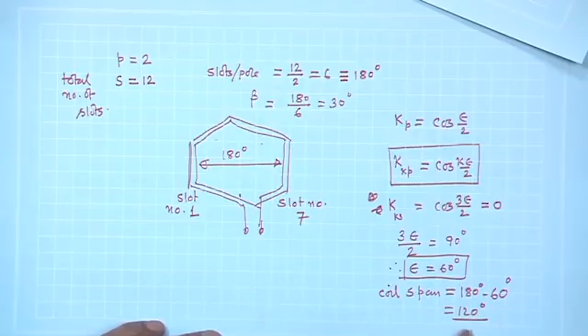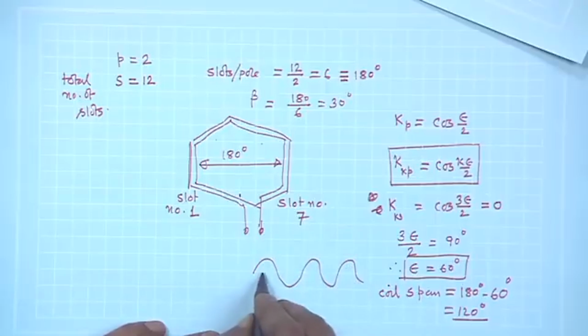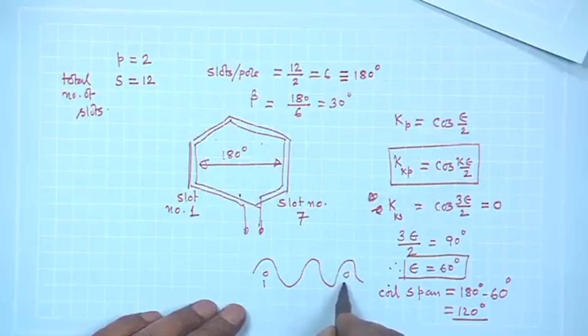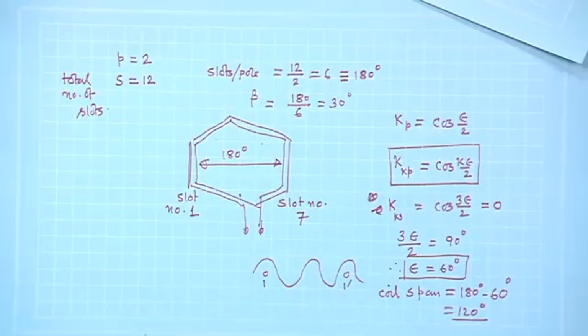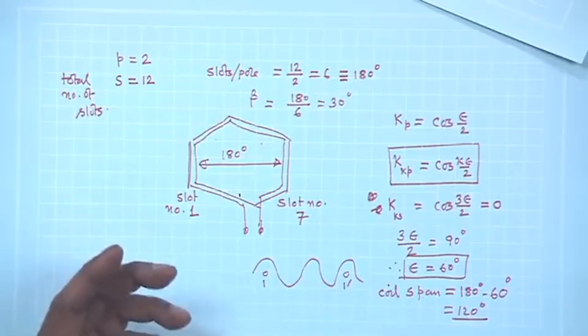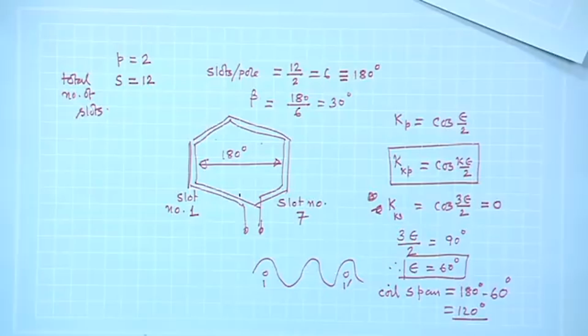This is possible, no doubt, if the third harmonic fluxes are like this, then one conductor you can examine, if it is 1 here, the other one is somehow under the same north pole, it is returned. That is how Kp3 is 0 for third harmonic voltage, but fundamental voltage will be there.